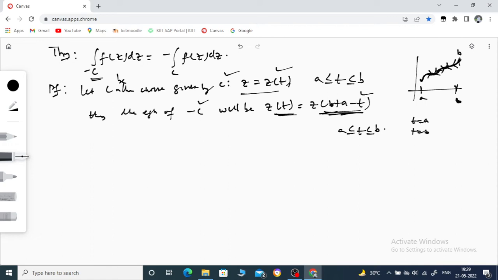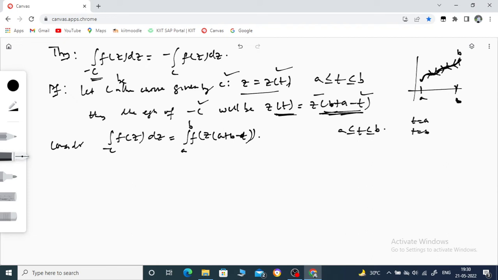Okay, so now consider the integration over minus c of f of z dz. And what will this be? This will be the integration from a to b of f of z of a plus b minus t. Then we write z dash t.